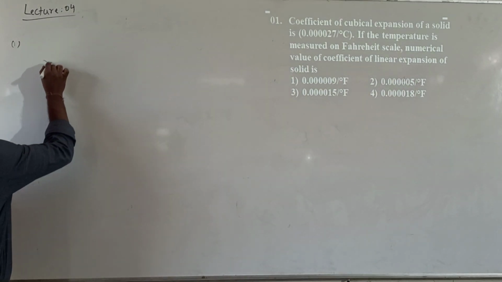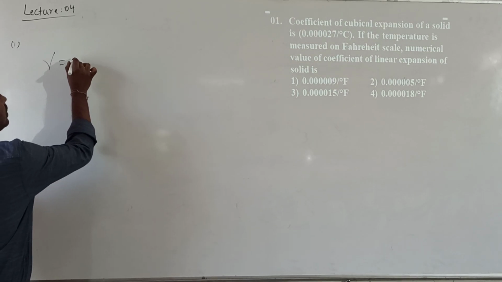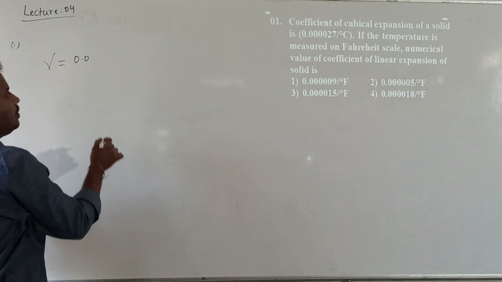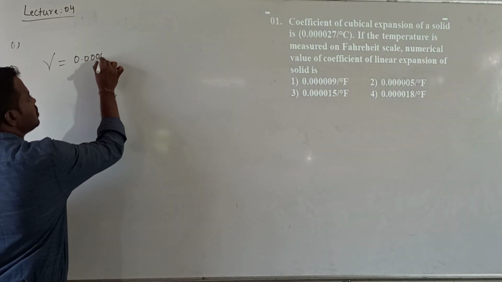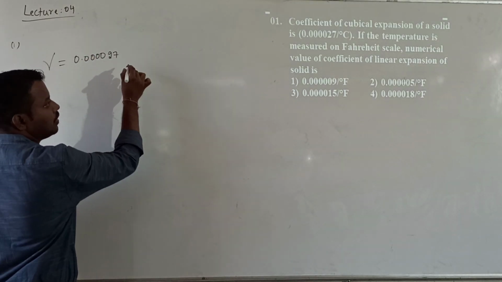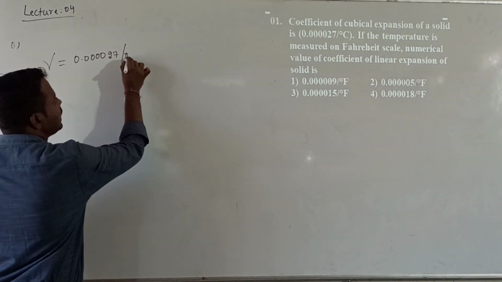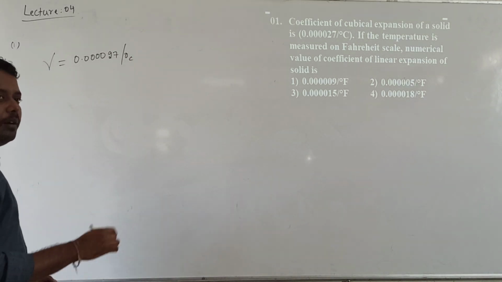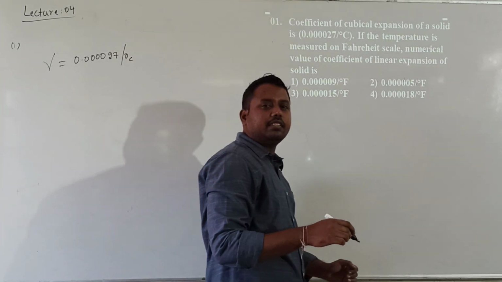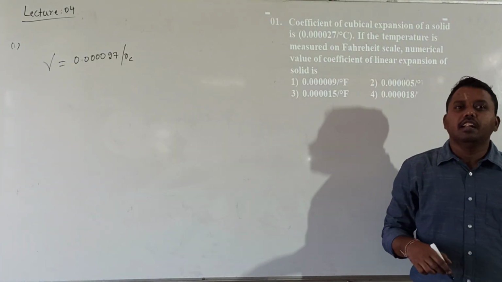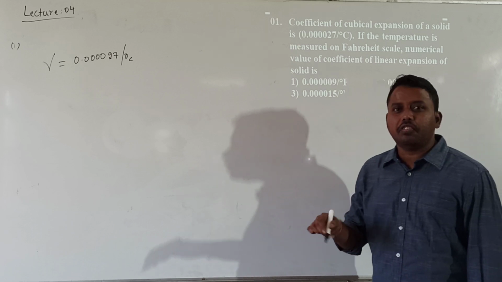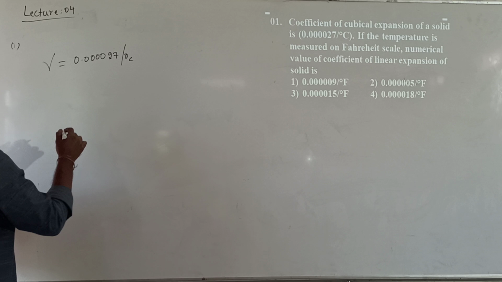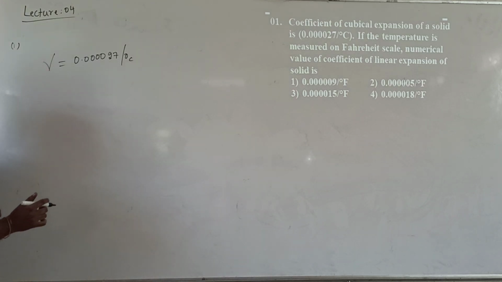So they have given the gamma value, 0.00027 per centigrade, with 4 zeros. This gamma value is in the centigrade scale. They are asking us to calculate the alpha value in the Fahrenheit scale. First, what is the relation between gamma and alpha?